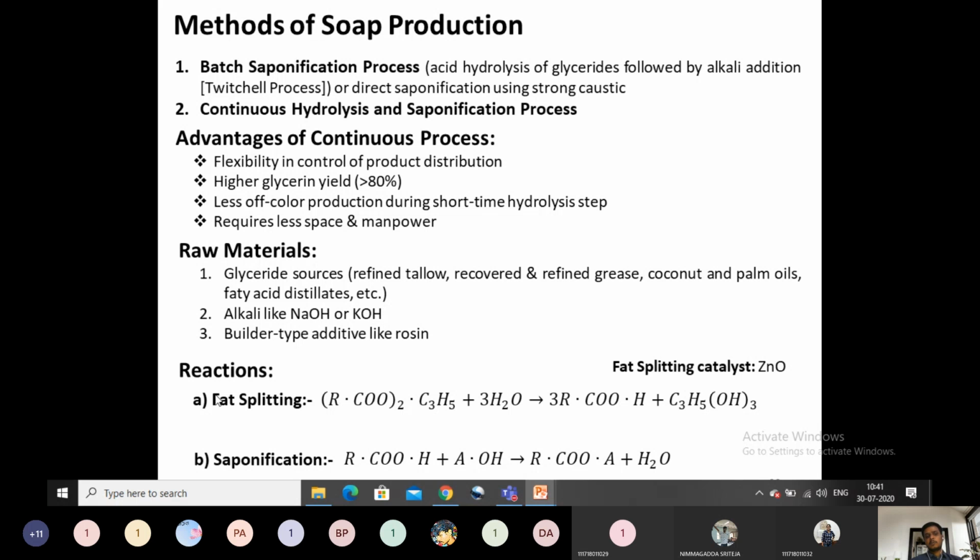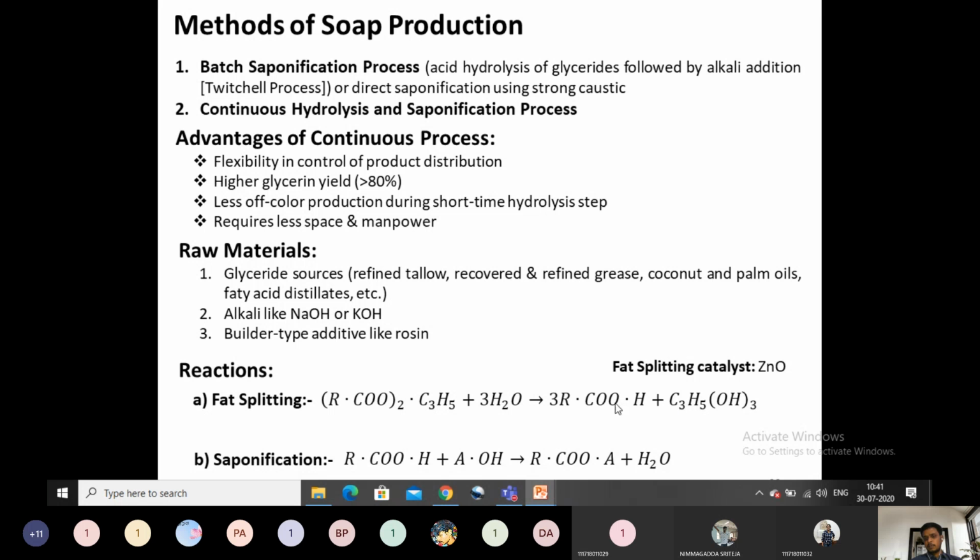Then the first reaction among those is the fat splitting reaction, or we can simply call it the hydrolysis reaction. In this hydrolysis reaction, the catalyst used is zinc oxide. Usually for the industrial scale, zinc oxide catalyst is used. The first one is the fat splitting reaction. Whatever triglyceride molecules are there are split into three individual fatty acids and one glycerol molecule, because triglyceride is nothing but an ester of glycerol and three fatty acids.